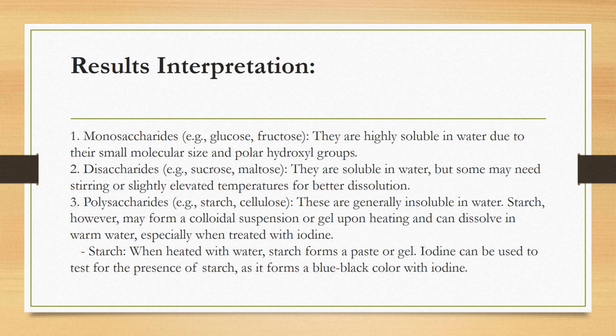Number 3, polysaccharides such as starch and cellulose. These are generally insoluble in water, but starch, however, may form a colloidal suspension or gel upon heating and can dissolve in warm water, especially when treated with iodine.